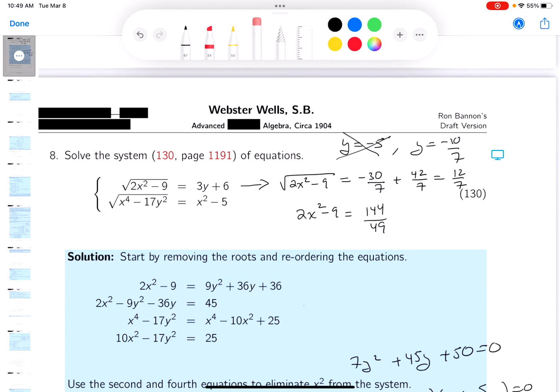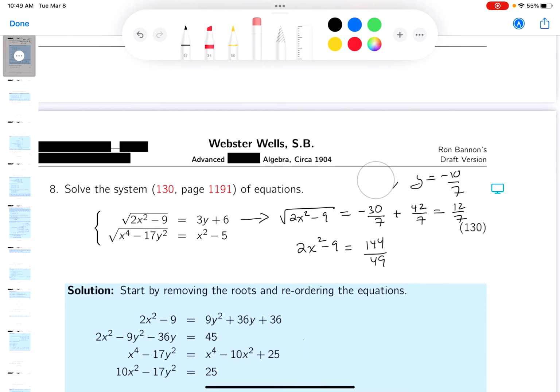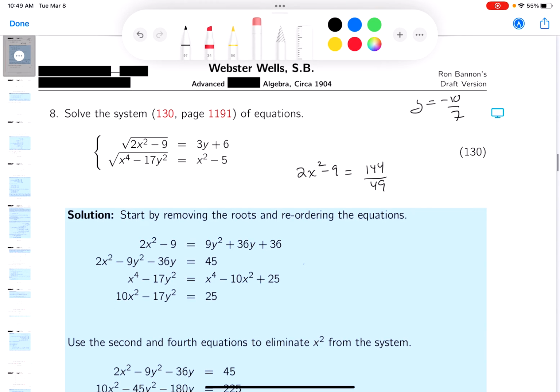And let me get my eraser out now. I'm moving forward. Let me get rid of the nonsense over here. I don't need this anymore. I'm using this to see if I can get an x. And it looks like I'll get 2x squared for that.